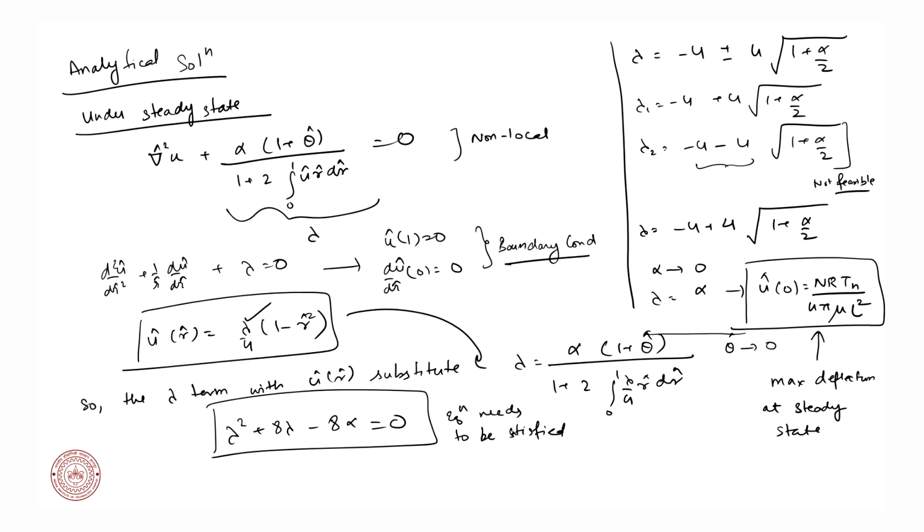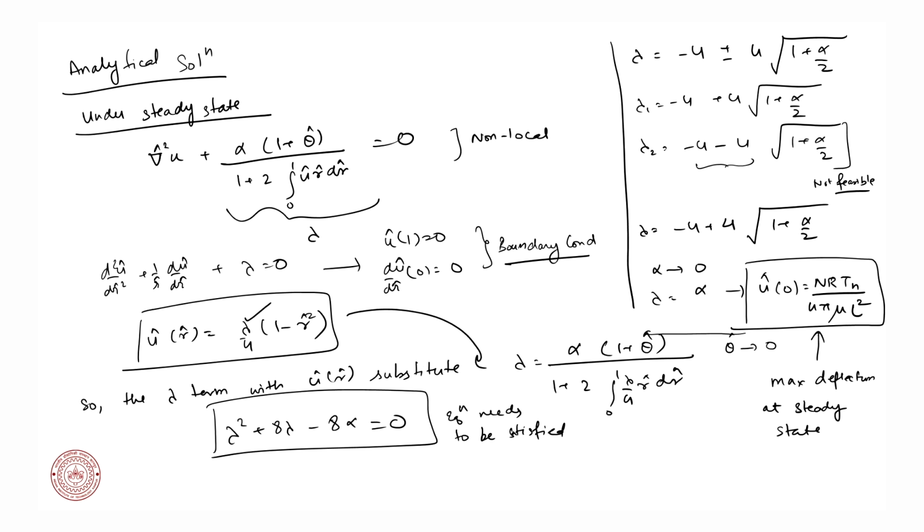When we solve this equation, we get two solutions of lambda. One is not feasible because your u hat will become less than minus 1, and that is not a practical case. The other case is what we are considering. Now, if alpha is very small, we can consider alpha tending to 0 and lambda will tend to alpha. In that case, u hat of 0 will be equal to nrth over 4 pi mu L square.